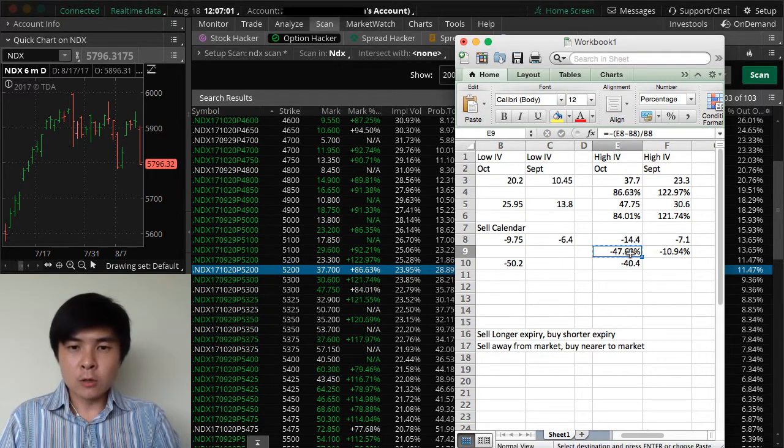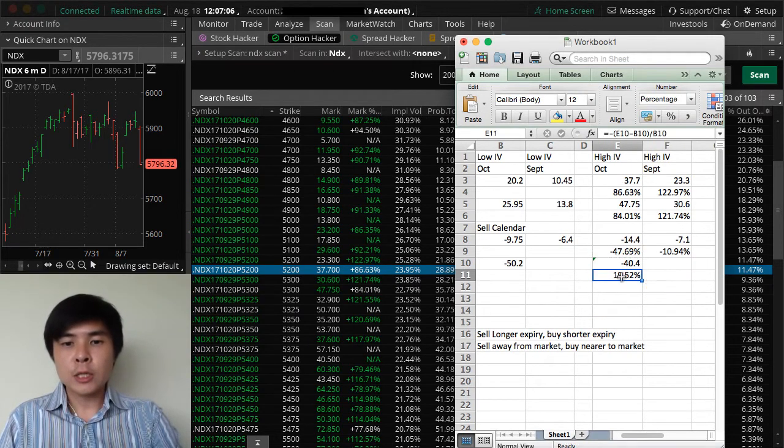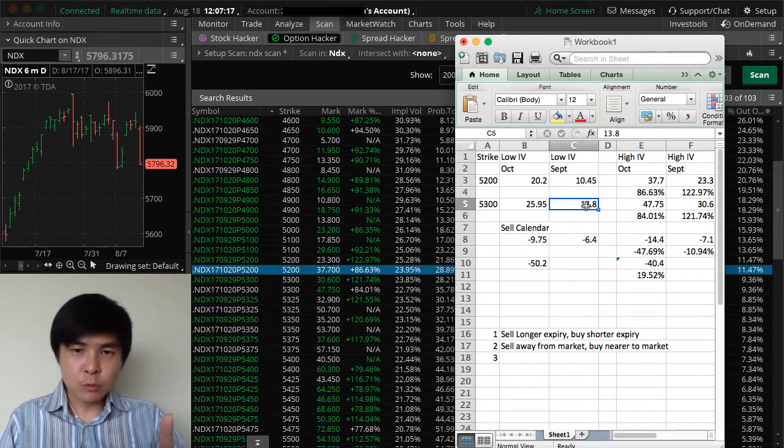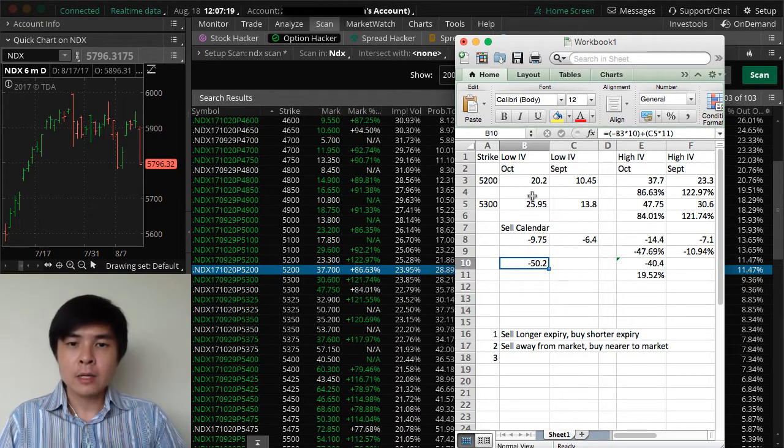So if this value, you were to paste it over here, you are actually profiting when IV spikes because you have one extra put. Just one extra put for every 10 calendar spreads you have.